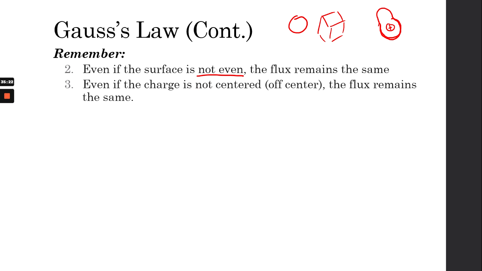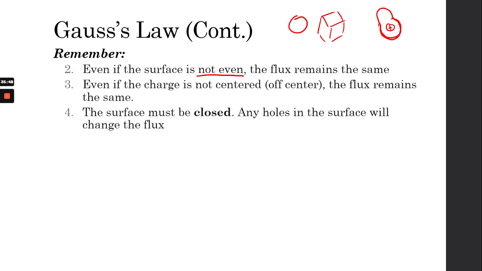Number 3, even if the charge is not centered, the flux remains the same. So even if my charge is not totally centered, maybe it's near the bottom part of your enclosed surface, or on the left, whatever, no matter where the charge is, as long as it is inside your enclosed surface, the flux remains the same.